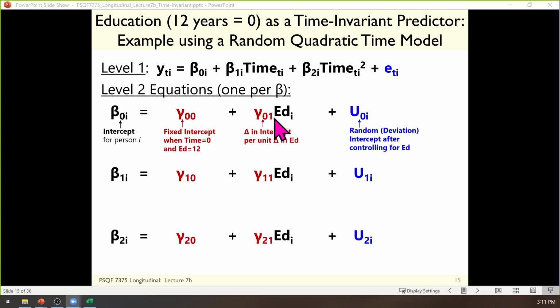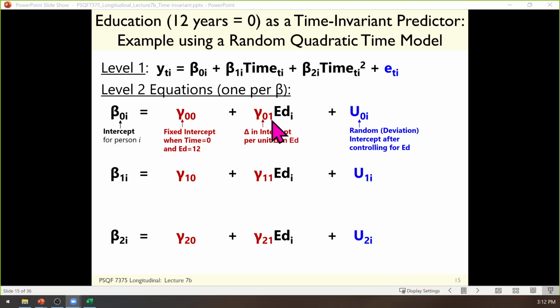So this is a linear effect of education, given the way that I specified the model. So gamma 01, what that number is going to mean is it is the change in the intercept for a 1 unit change in education. Could I have a quadratic effect of education? Sure I could.